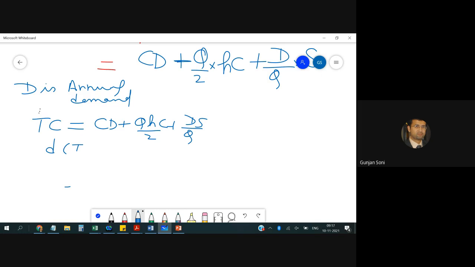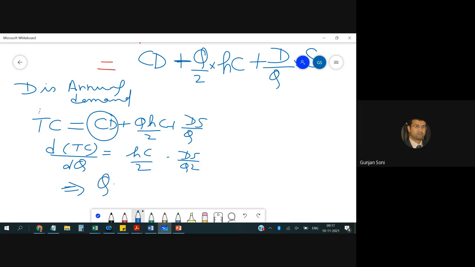I can do differentiation of it, dTC by dQ. Okay, so this is a constant term, so it will go. There will be HC by 2 minus DS by Q square, right? Considering that we are doing minimization, we can double differentiate it and find out that you will get a minima.